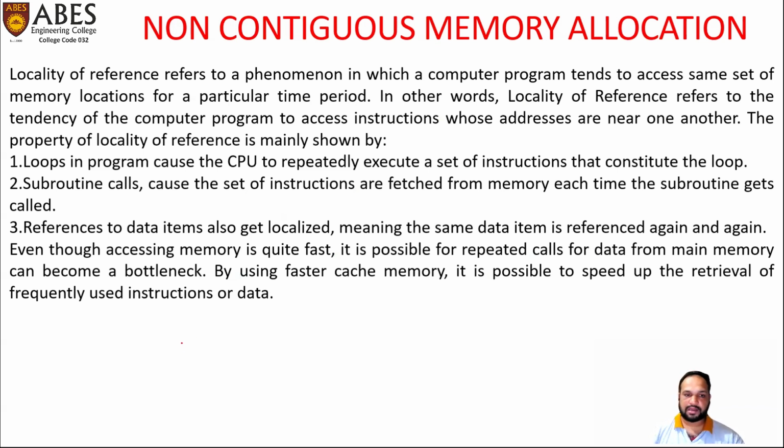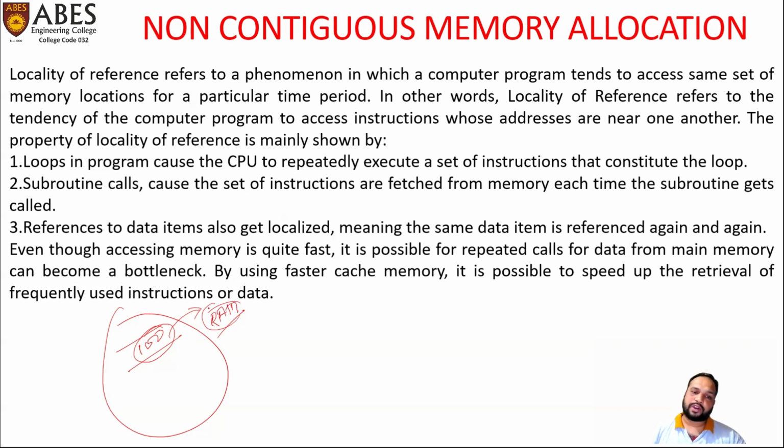Meaning that, let us consider that in a particular program there is a loop that is running 100 times. It would not be easy to execute all the instructions again and again, and that too if we have to search those instructions in the main memory, that is RAM, since it is slower to access.